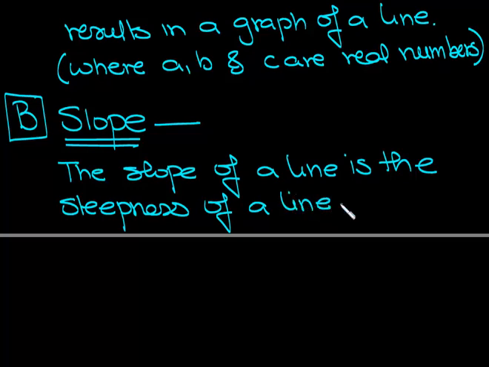Usually whenever you ask students what is the slope of a line, the first thing they'll say is rise over the run, which is true, but what that results in is how steep the line is. For example, if the line is horizontal, the slope is going to be 0, but as the line increases in steepness, the slope will get bigger and bigger.